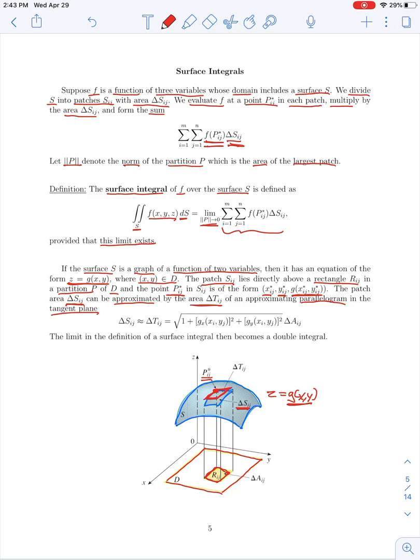So delta S sub ij is approximately delta T sub ij, which would be given by the square root of 1 plus the partial of g with respect to x squared, plus the partial of g with respect to y squared, times the area, delta A sub ij, of that rectangular region R sub ij.